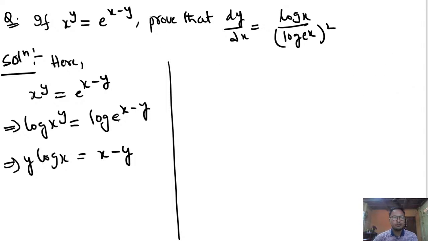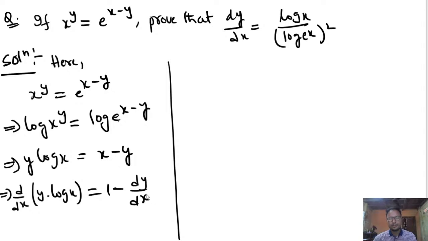Now differentiate with respect to x. The left side y log x, differentiate; the right side becomes 1 minus dy by dx.